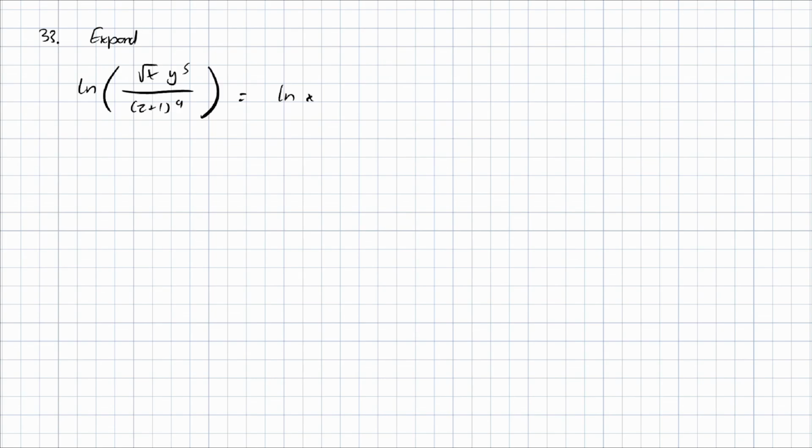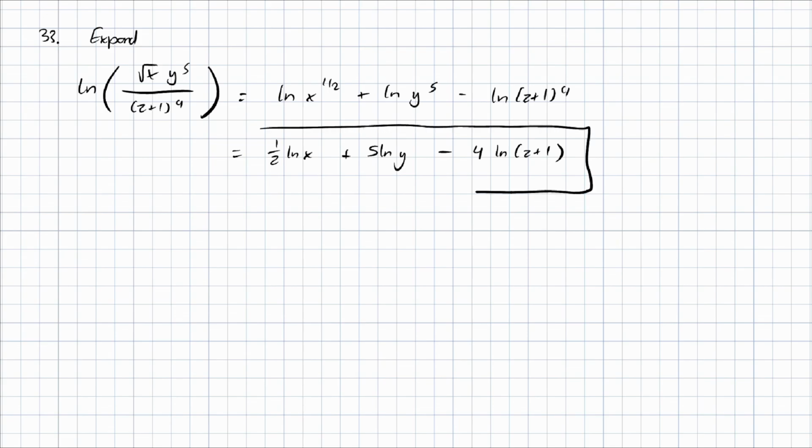This is natural log of x to the 1/2 plus natural log of y to the 5th minus natural log of z plus 1 to the 4th. This is 1/2 natural log x plus 5 natural log y minus 4 natural log of z plus 1. That's my final answer. There you go.